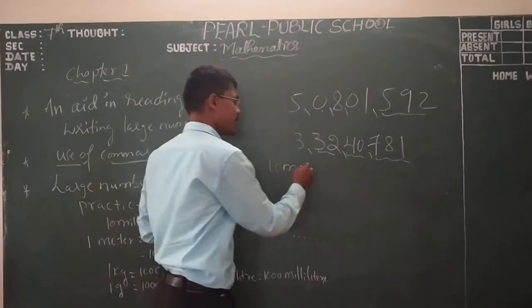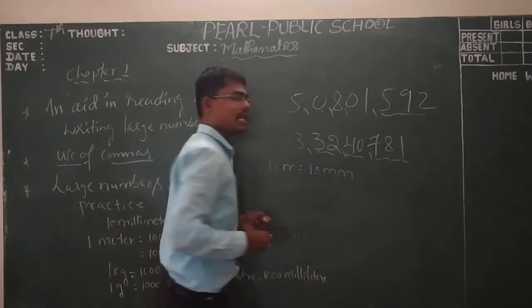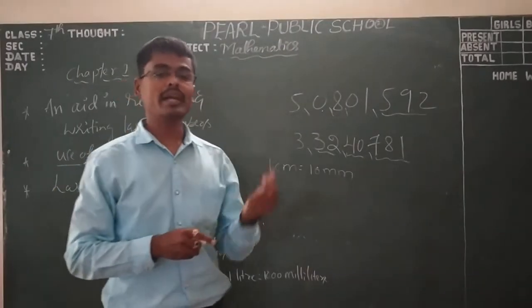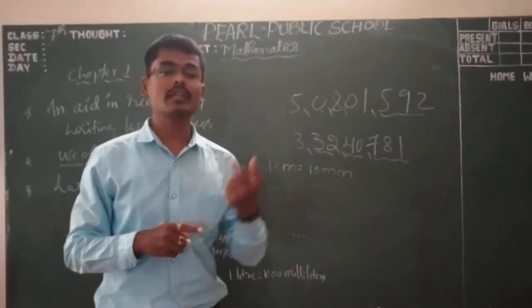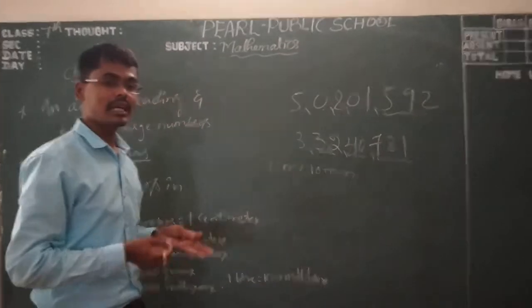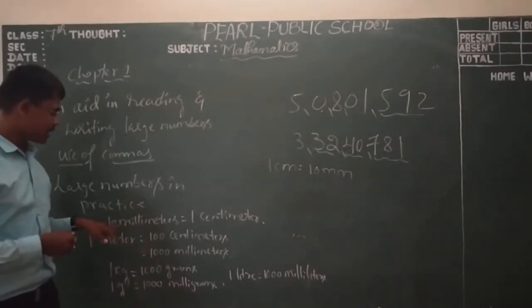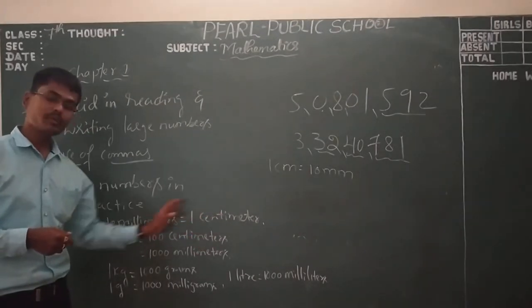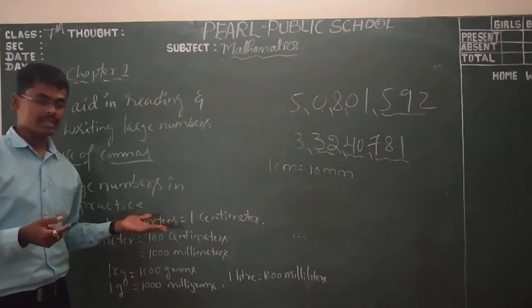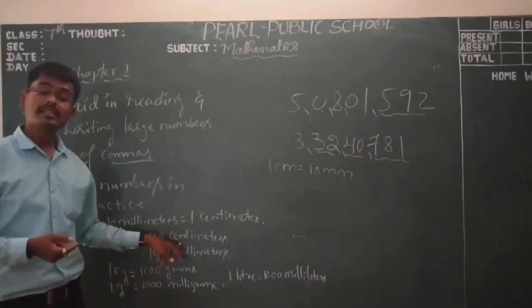For 1 centimeter, we have 10 millimeters. Like that, for so many quantities and parameters we have to use these in practice. For that reason, I have written something here: 1 centimeter equals 10 millimeters. Both are the same. Then, 1 meter equals 100 centimeters.